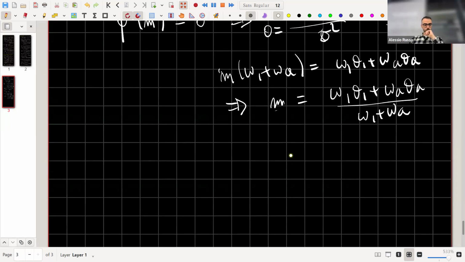And we are going to indicate this quantity by M_A(W, theta), or I will omit the theta in some cases.